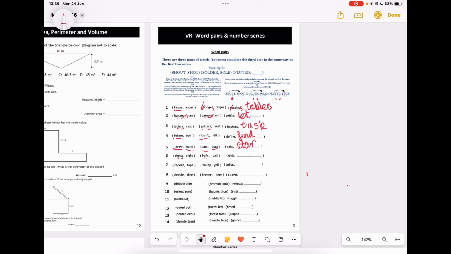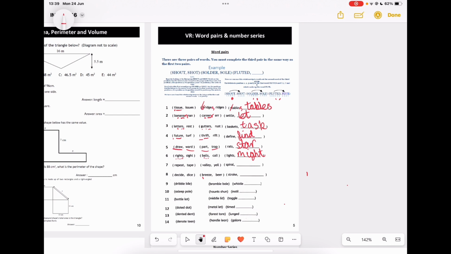So after B is C, after R is S, and then it's adding on the third, fourth, fifth, and then it's adding on the second, third, fourth, fifth letters. So second, third, fourth, fifth. Okay, so how we're going to find our answer is, well, after L is M in the alphabet, and then we add on our second, third, fourth, and fifth letters, and that gives us might.